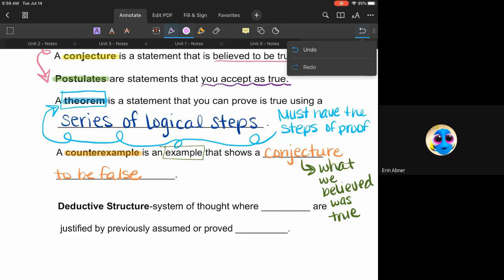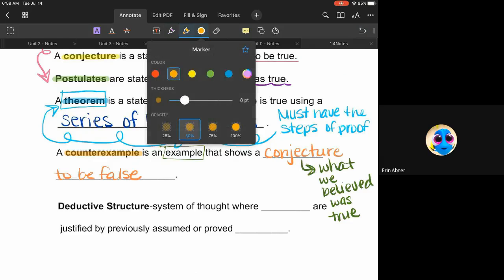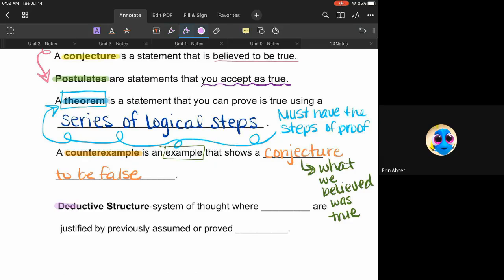Okay. If we're talking about a deductive structure, your deductive structure is a system of thought where statements are justified by previously assumed or proven conclusions.